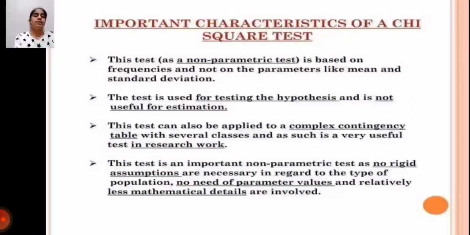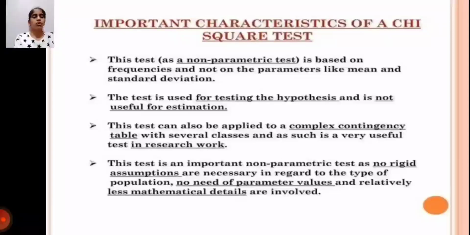And the next topic is important characteristics of a chi-square test. This test is based on frequencies and not on the parameters like mean and standard deviation. The test is used for testing the hypothesis and is not useful for estimation.